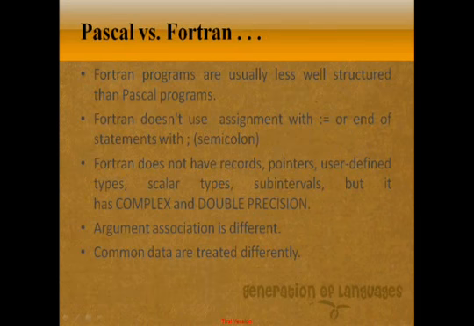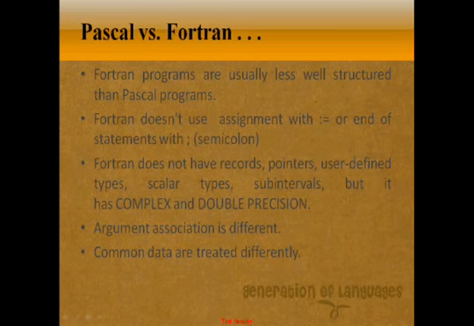Now we'll see the main differences between Pascal and Fortran. Fortran programs are usually less well structured than Pascal programs. Fortran doesn't use assignment syntax. Fortran does not have records, pointers, user-defined types, scalar types, or subintervals, but it has complex and double precision.